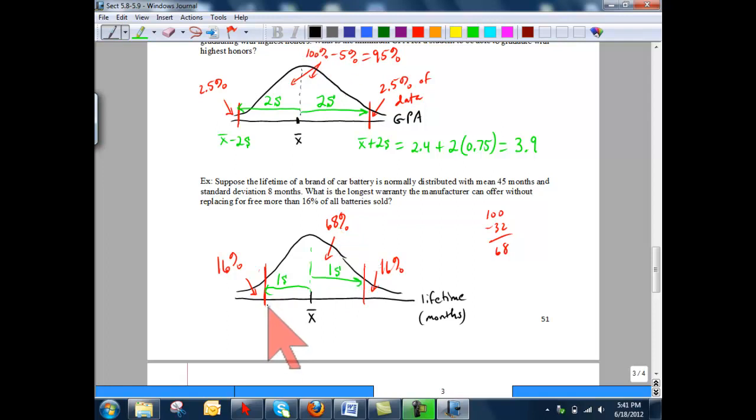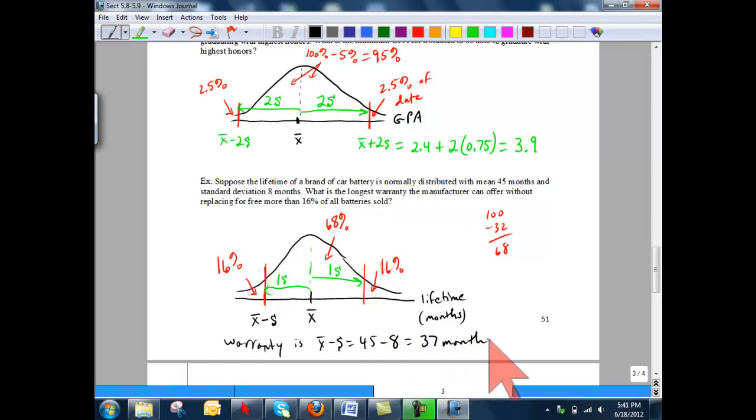And as we said, this is the number that we're interested in. From the picture now, it's x bar minus, because we're going down to the left, minus s. So the answer to the question is x bar minus s. The warranty is x bar minus s, which for the numbers given is 45 minus 8 equals 37 months.